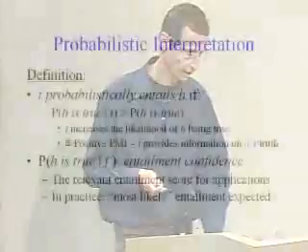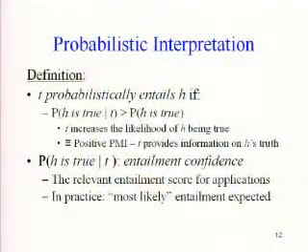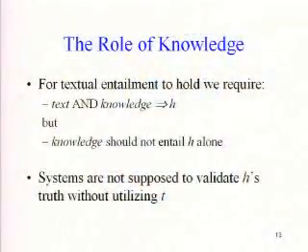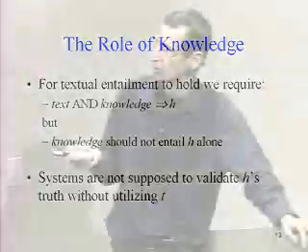And this is actually equivalent to saying that there's positive PMI. And I may refer to this left-hand side probability, P that H is true given T, as the entailment confidence that I want to attach to my entailment inference.